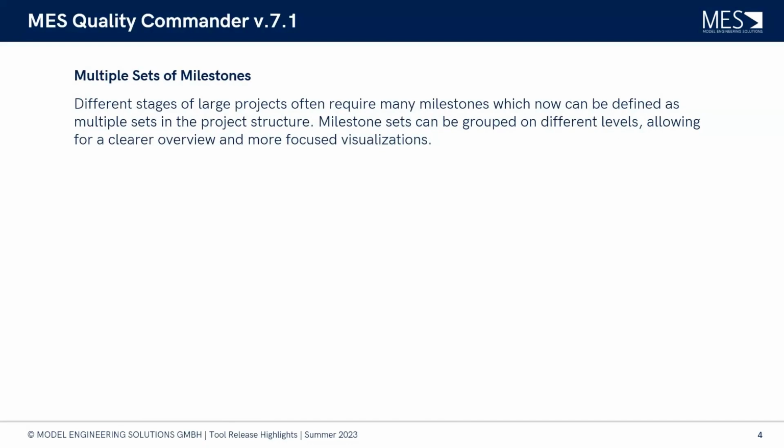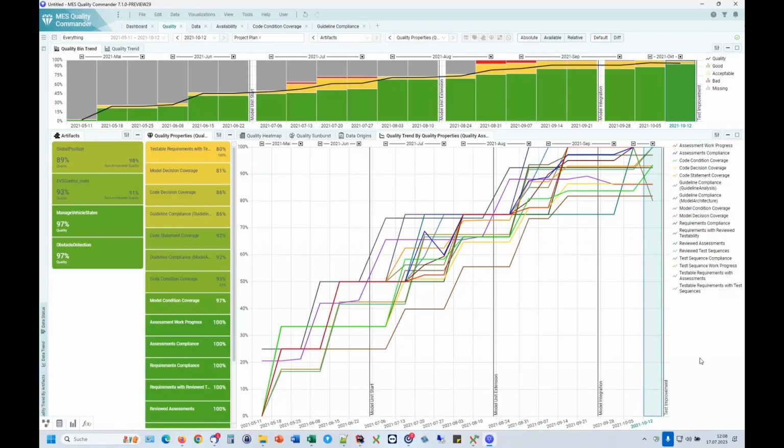But Björn, I think it's best if we just have a closer look at how that looks in MQC, right? Yeah, so I would start sharing my screen. You should see now the MQC, Jan. Yes, I can.